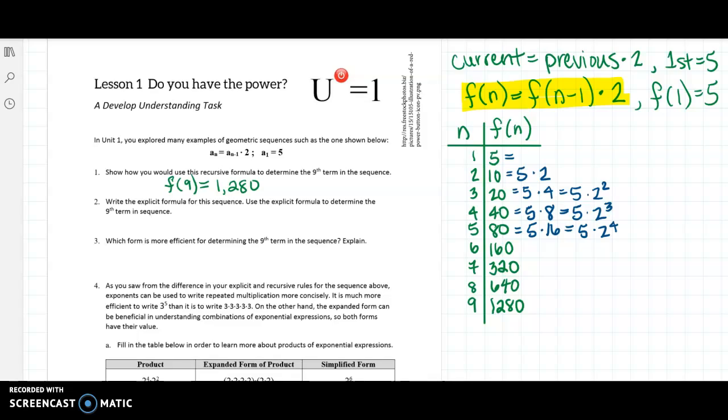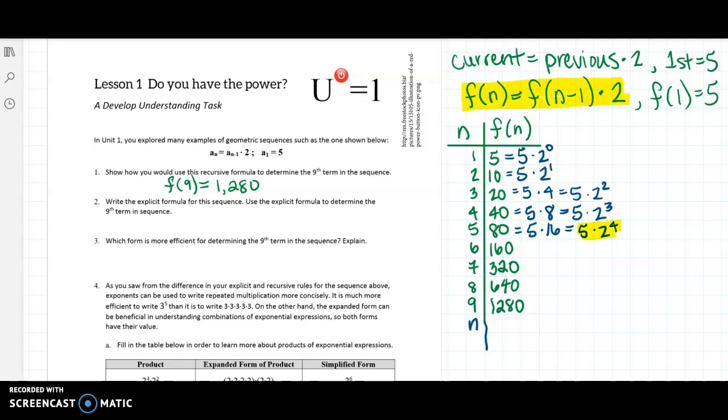Now I can tell that I'm rewriting my outputs in terms of 5 and 2. So I can go back to my input of 1. That's 5 times 1, or 5 times 2 to the 0 power. I have enough information now to determine what equation I would use for the nth term.